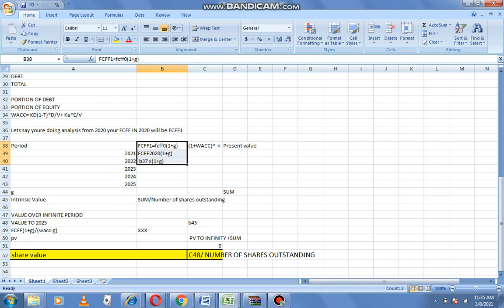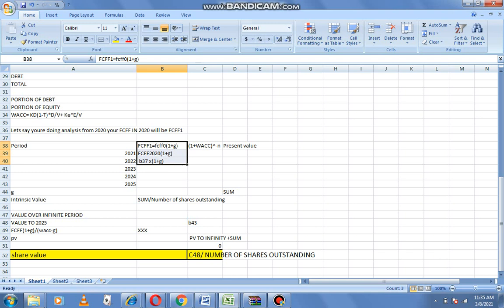So this part, you're basically growing these cash flows by 1 plus G. So let's say the growth rate you got in this formula was 20%, of the cash flows was 20%. So you come and take the FCFF.